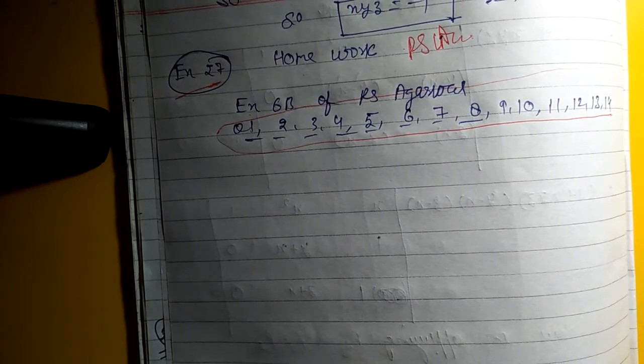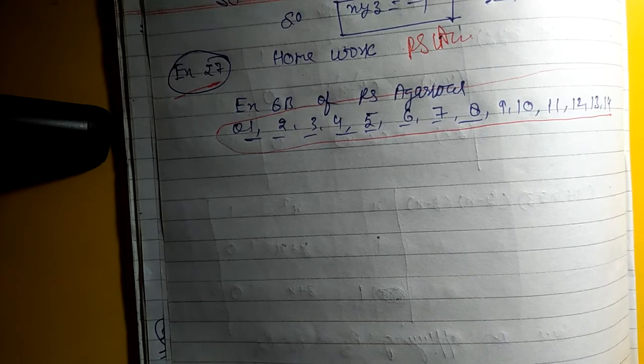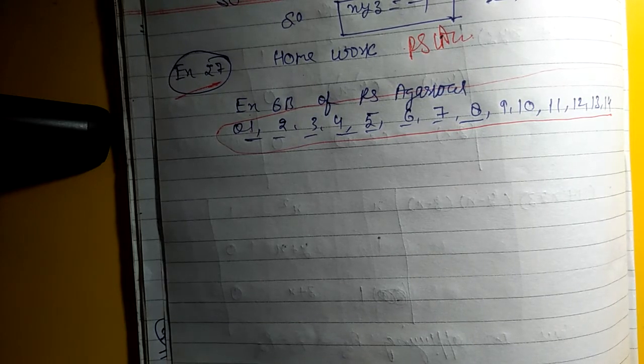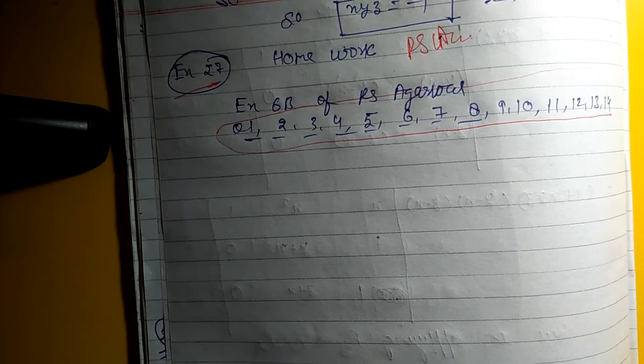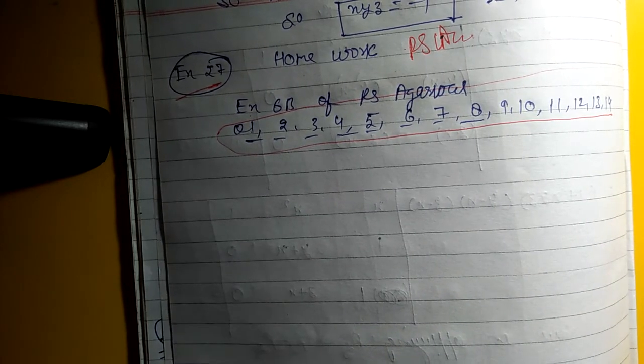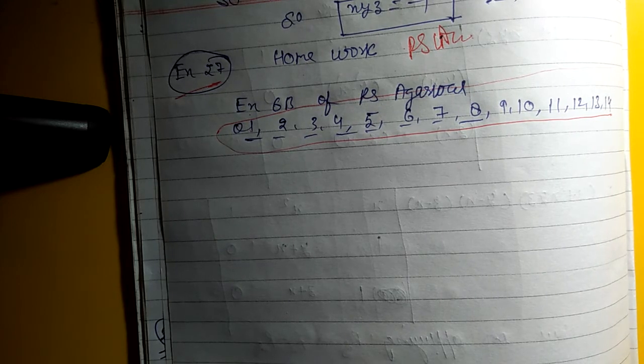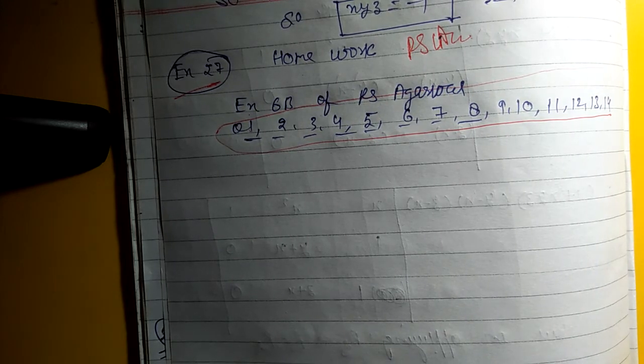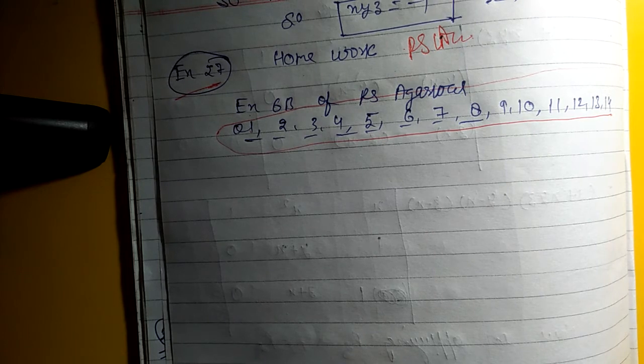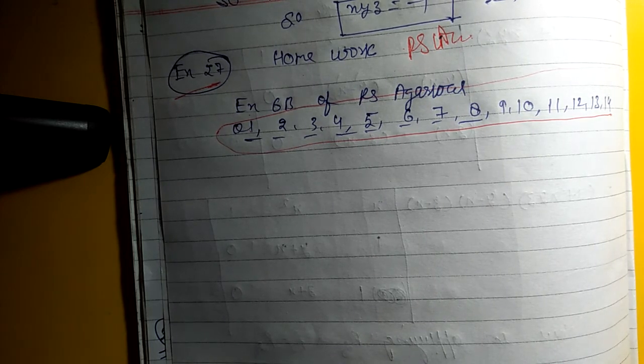Because your mind has become so prepared, because you have done exercise 6A and 25 examples, and after doing 25 examples, it is my experience that students have a lot of techniques and a lot of experience to solve questions in a very easy way.